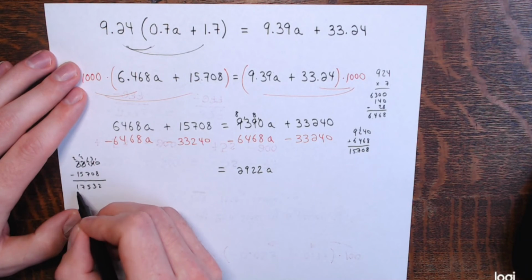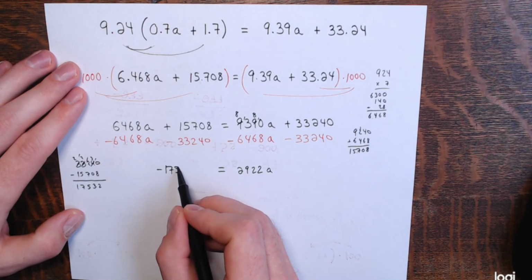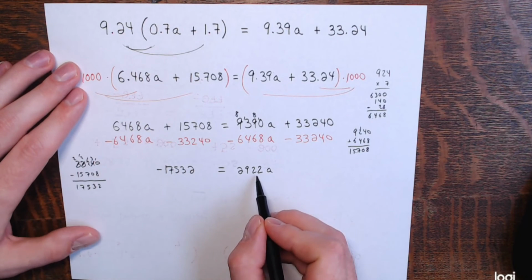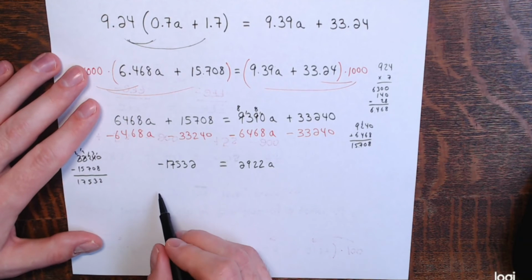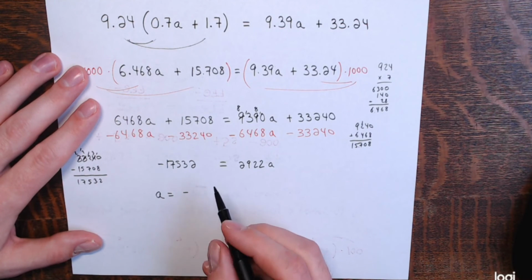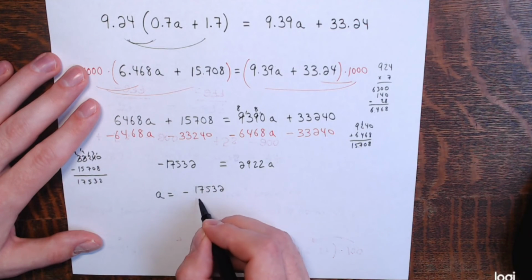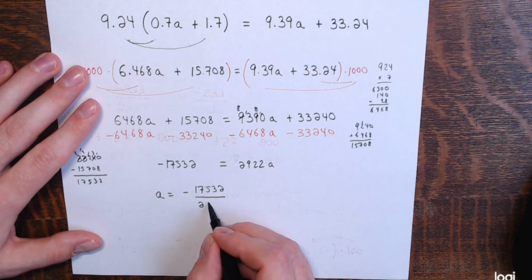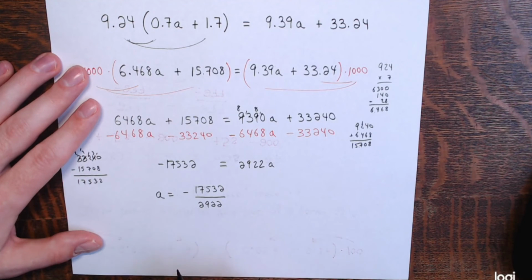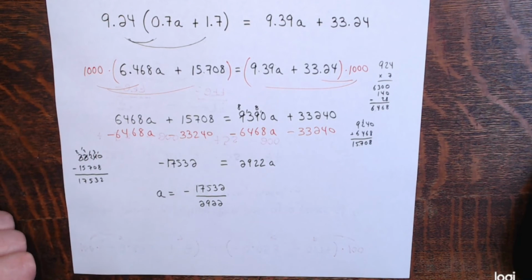So that's negative 17,532, and then we would divide by 2,922. So this would be negative 17,532 divided by 2,922. I know this reduces. All right, you know what? I'm gonna bring up a calculator. This is getting out of hand here.